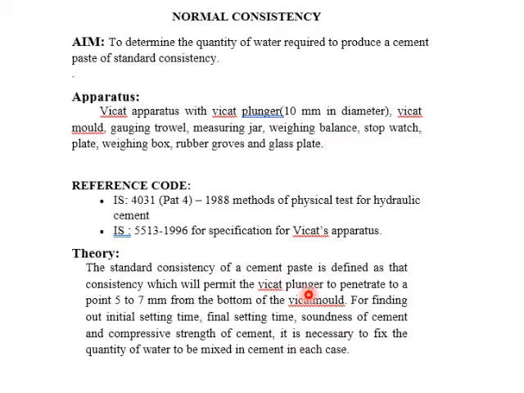You prepare a cement paste in a mould, keep it in the apparatus, and insert the needle in it. It is the consistency which will permit the Vicat plunger to penetrate to a point 5 to 7 mm from the bottom of the Vicat mould. If you get this amount of penetration, then the amount of water you have added to the cement is what we call the standard amount of water, or standard consistency.